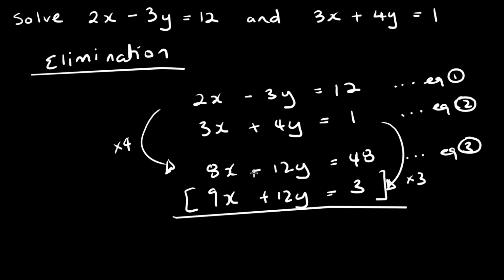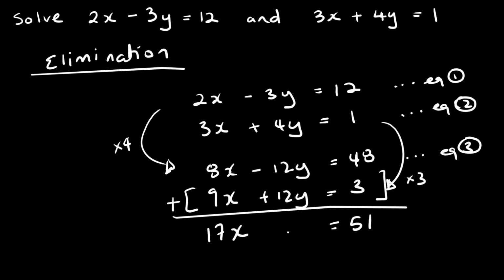If we subtracted, we get negative 12y minus 12y, which is negative 24y. We're adding these. So we end up with 8 and 9, which is going to give us 17x, negative 12y plus 12y, which is going to give us 0. And that's equal to 48 plus 3, which is 51, right?